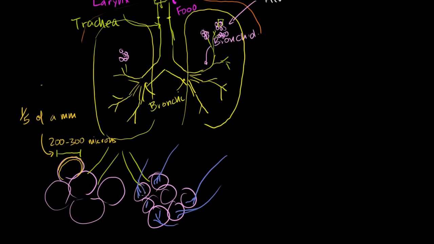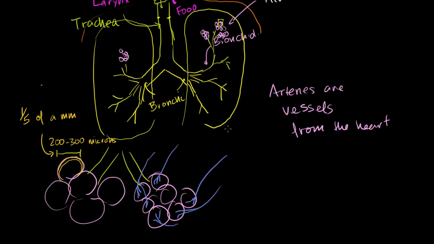And the word for the blood vessels that come from the heart is arteries. Let me write that down. I'll review that again when we cover the heart. So arteries are blood vessels from the heart. You've probably heard of arteries.